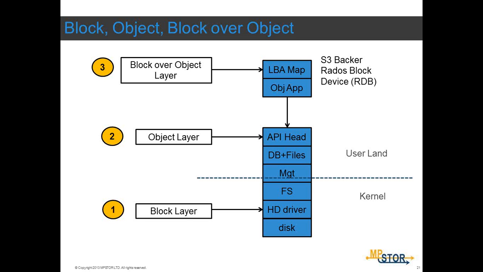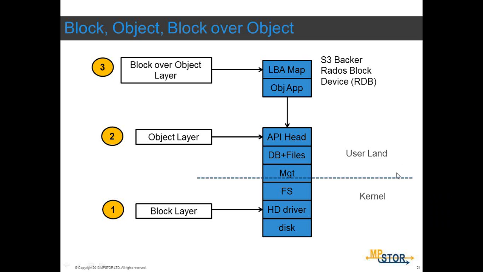And then on top of that, if we move up this stack, we have to put a file system, which adds additional overhead, and then a whole object layer management function for doing things like copies and maintaining the consistency of the object store. In addition, we then need databases and all of the files that are associated with the objects, and finally an API head, which replaces the function of the SCSI block layer.